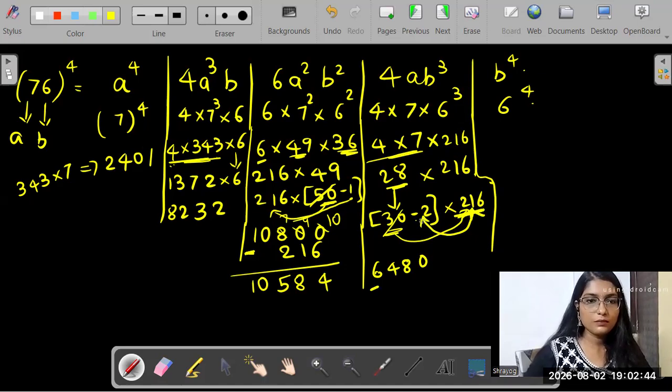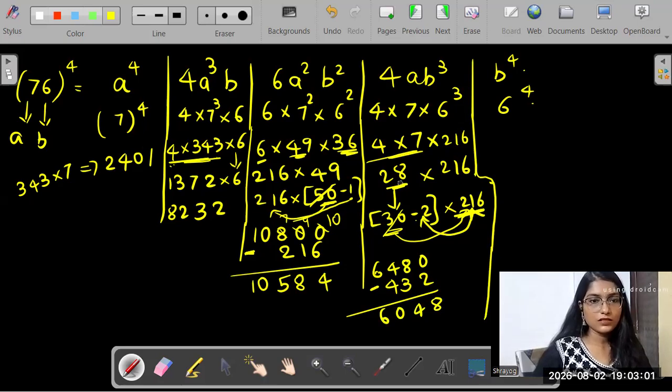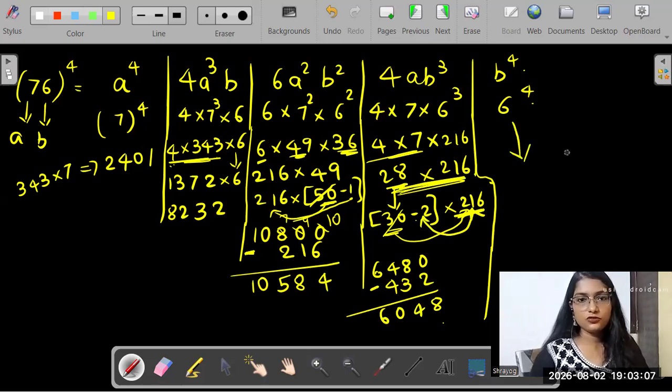So 2 multiplied by 216 is 432. Now subtract this answer and we'll get the final answer, 6048. So the answer for this particular multiplication is 6048.